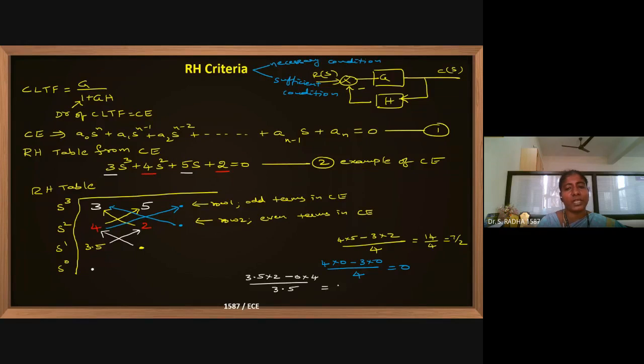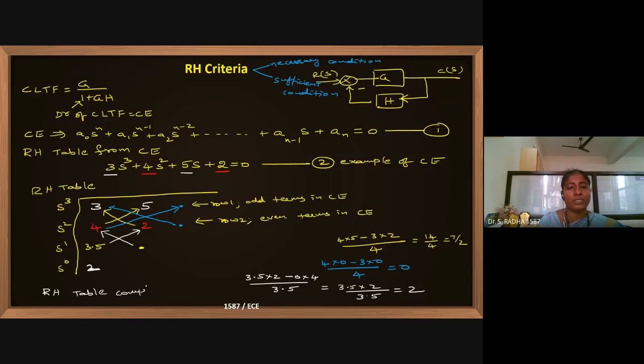That is 3.5 into 2 divided by 3.5, and finally the value is 2. I am writing the value 2. Further elements cannot be calculated because the next elements are not available in the previous 2 rows. By this, the RH table is completed.